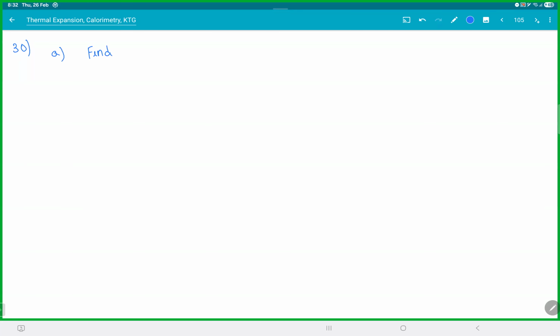So let's say the speeds of the molecules are given: 1, 2, 2, 3, 3, 3, 3, 4, 4, 5. Yeah, so this is the speed of the molecules. Find V probable, find V mean and V RMS.